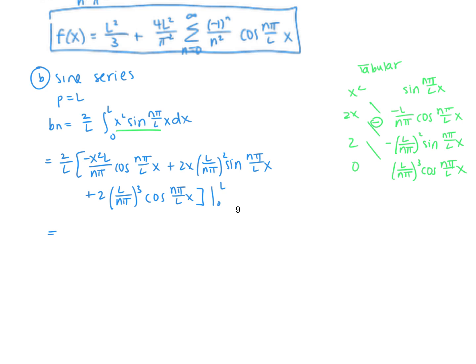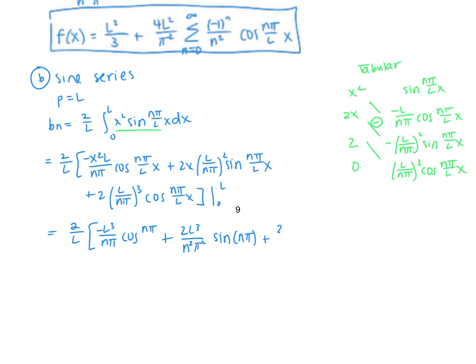Okay, so now let's start plugging in that 0 to L. And so we have our 2 over L, and then we end up with negative L cubed over n pi, cosine of n pi, plus 2L cubed over n squared pi squared, sine of n pi.